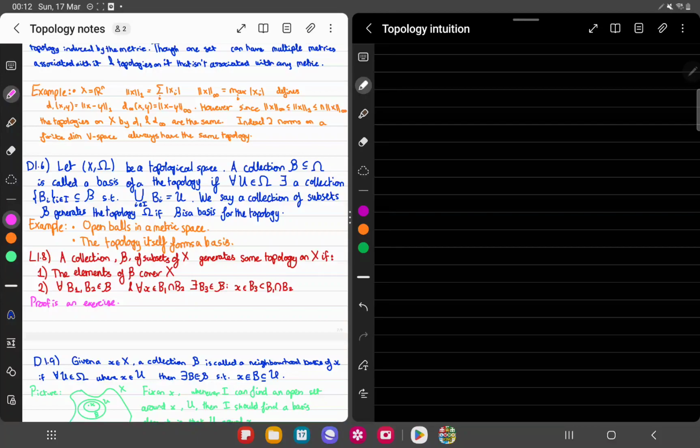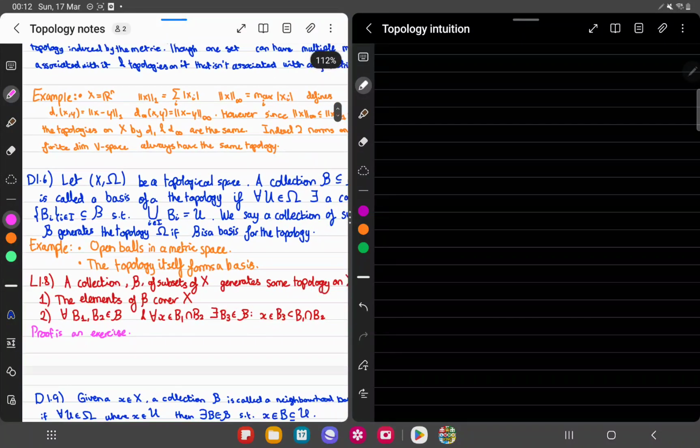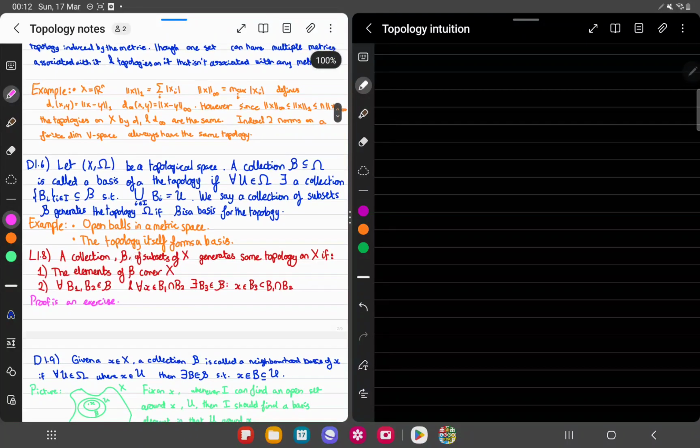Which is why I think the word generates is pretty accurate, because you think of bases as a small collection of things that can be used to literally generate things in the topology. Maybe I'm being circular in using the word generates, but so be it.